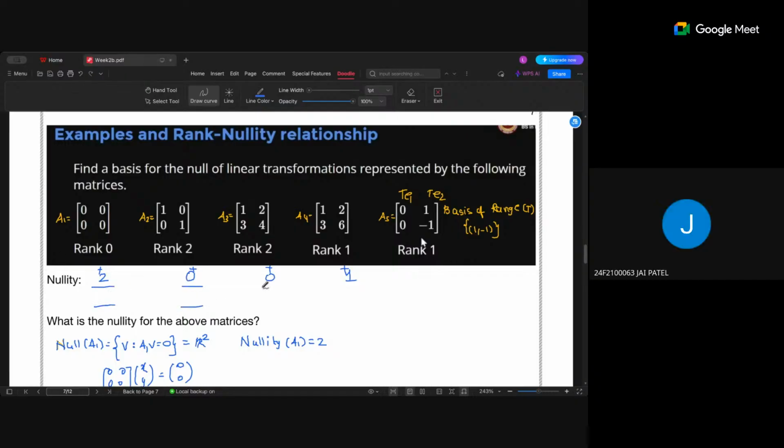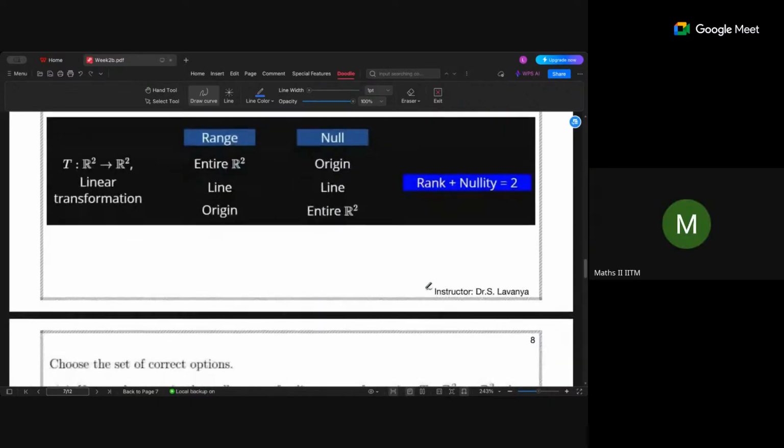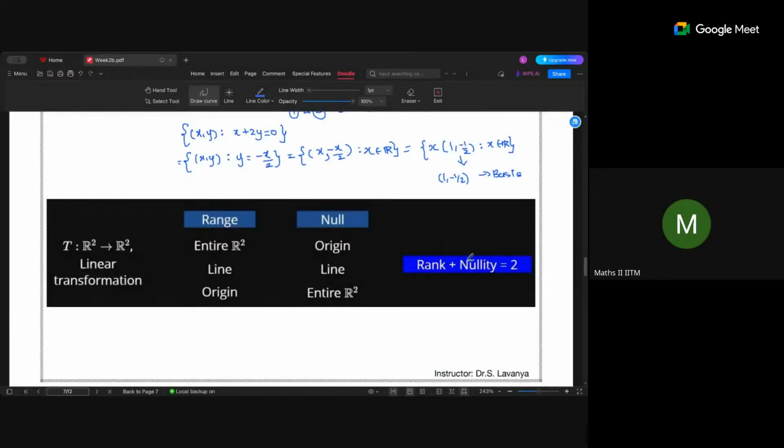In every situation, we are getting 2. So can you guess what should be the nullity in this case? 1. Yeah. If you know the rank or nullity, you can guess the other one, because we have the rank-nullity theorem, which says rank plus nullity is equal to 2.